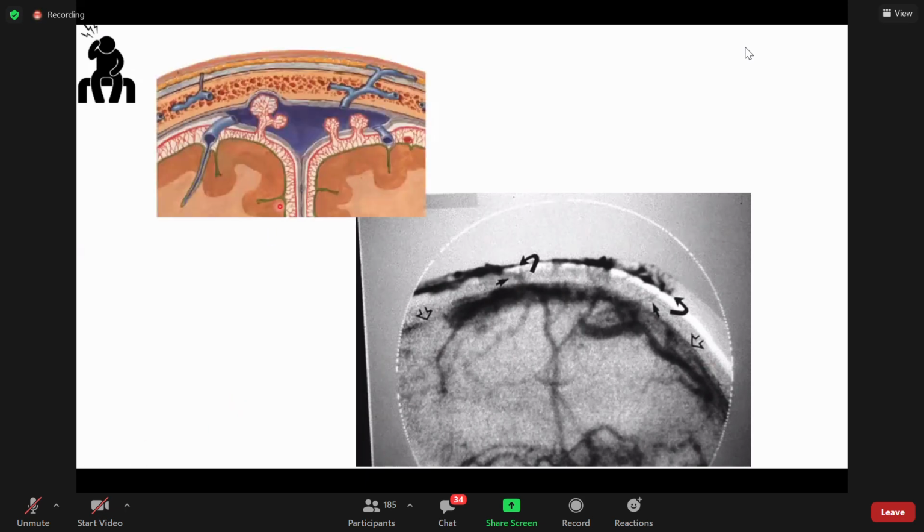So why does the CSF pressure increase? Because when you have increase in pressure in here, then these arachnoid villi will not drain the CSF.